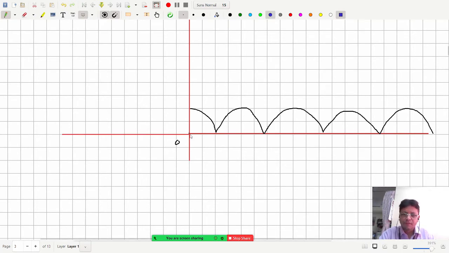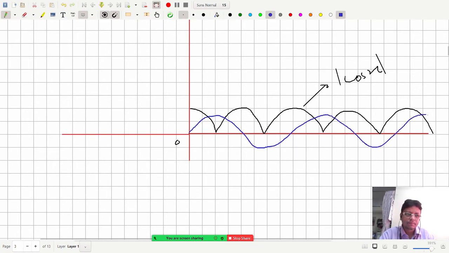This is the black one, this is your mod cos x, this is the graph of mod cos x, and your sin x will be like this. That's it. This is your sin x.